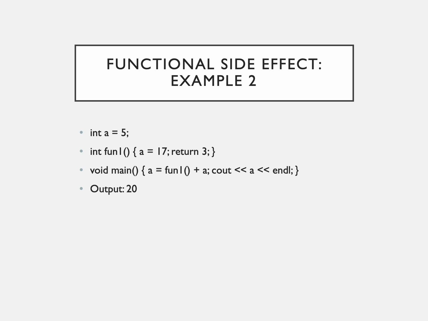Now in this example, function 1 is called before accessing the value of a. Then in the expression a equal to function 1 plus a, we are adding the return value of function 1, which is 3, and then the new value of a, which was changed to 17 inside function 1. That's why our result is now a equal to 3 plus 17, which is equal to 20.